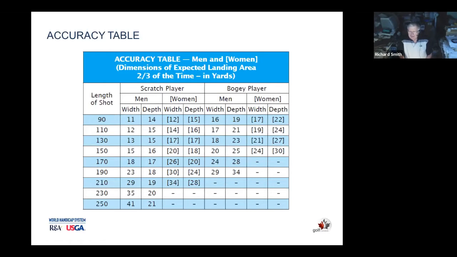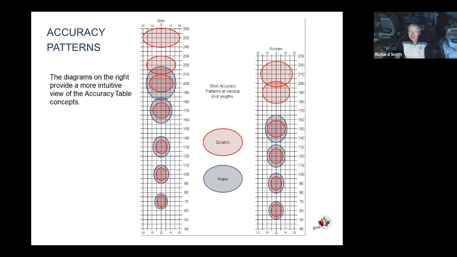Now, when you present them in a table like this, the implication at first glance might be that these are rectangles, but in fact, that's not the way things work. They're actually circles or ovals, depending on the shape of the shot pattern.